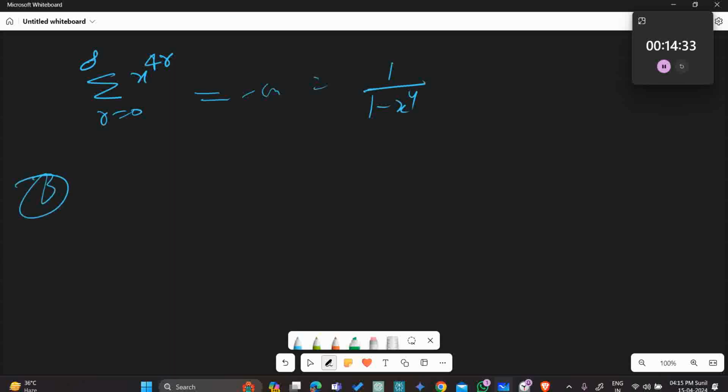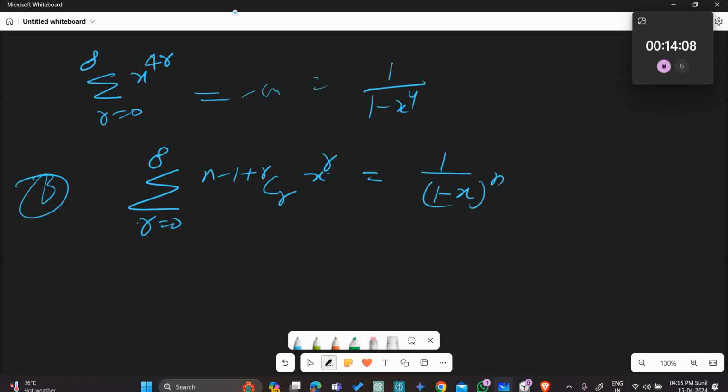Third is the sum for r equal to 0 to infinity of (n minus 1 plus r)Cr x to the power r, which is equal to 1 upon 1 minus x to the power n, like that.